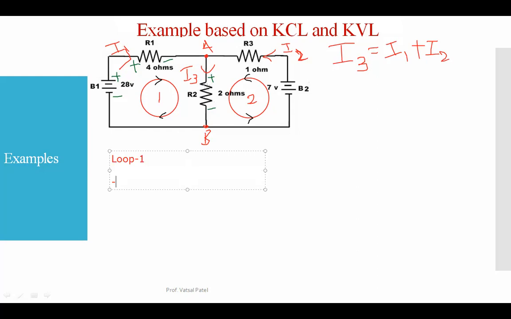Can I write minus 28? Because it is in the clockwise direction, the minus polarity will come first for the battery source. So it is minus 28 plus 4I1, since the current I1 is flowing through the 4 ohm resistance. And for the R2 resistance, the positive polarity will come first. R2 is equal to 2 ohm, so it is 2 I3 is equal to 0. Can I write like this? Yes or no? For loop number 1.